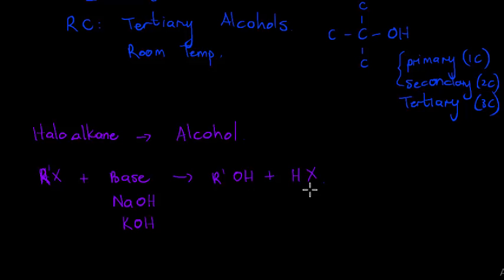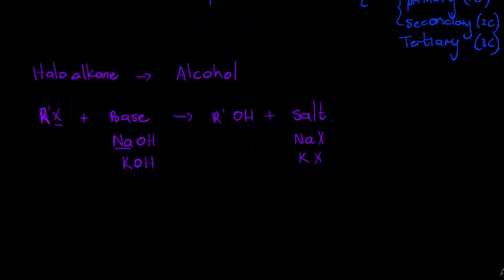Well, it's rather simple, and it then produces a salt, and that salt would be the product of whatever base we use, so for example NaX or KX, whichever halogen we have. Okay, so reaction conditions for this one.